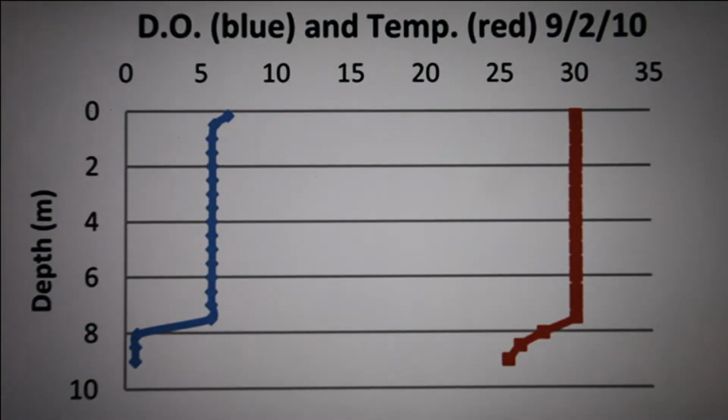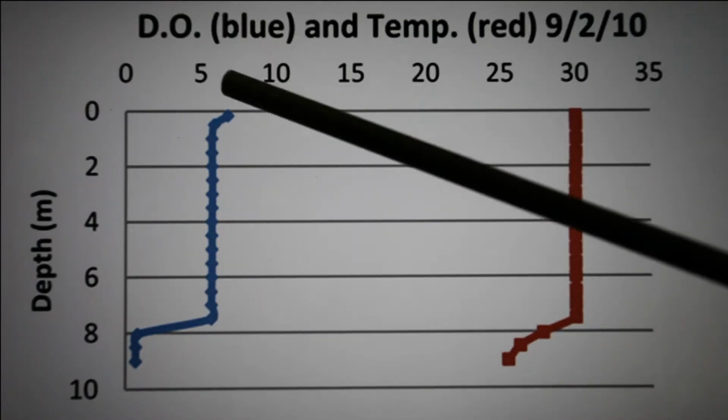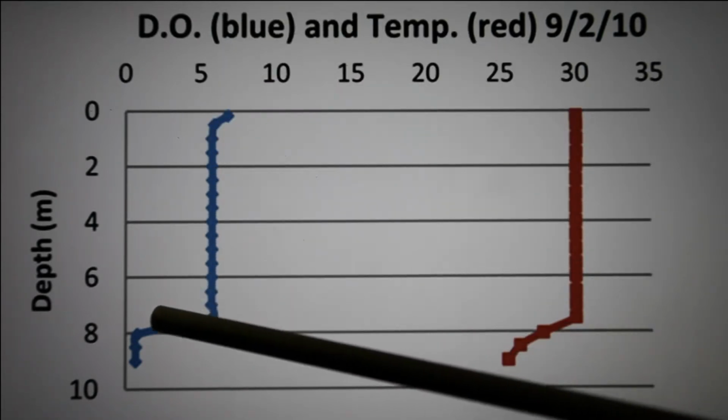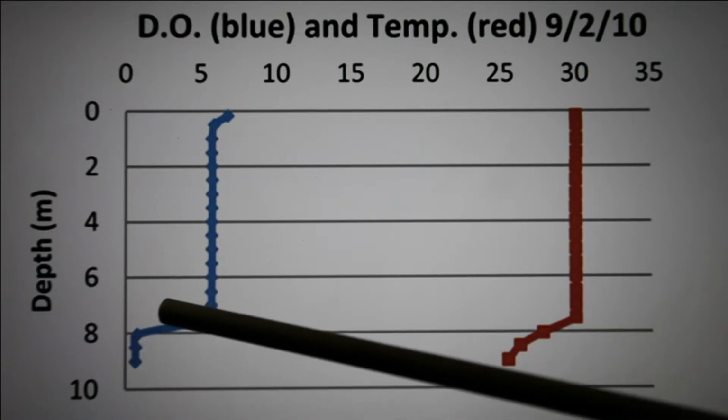When we see the stratified condition occur for weeks or perhaps even months, we see the situation where, if we're looking at the water temperature and the dissolved oxygen at the surface, as we go down through the water column, you begin to see the dissolved oxygen drops out.